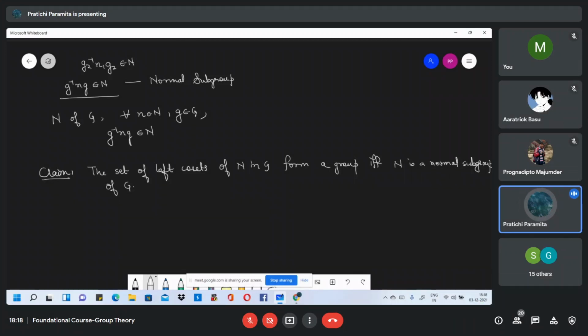So does anybody know why the group was named quotient group? As a starting point, maybe think about integers. When we divide an integer by an integer, we get something called a quotient and something called a remainder.